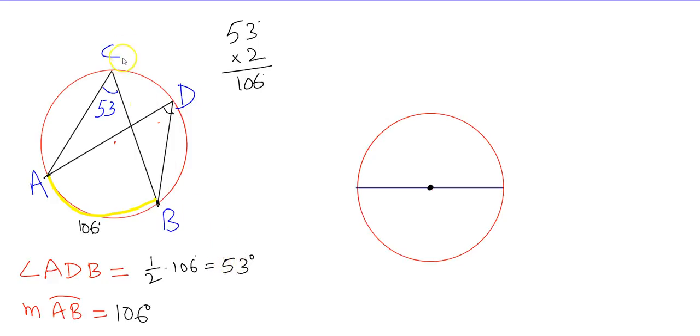In other words, whatever angle you have here, there also you get the same angle, 53 degrees, because this intercepted arc is the same for both angles. The measure of angle ACB and the measure of angle ADB are both the same, because the measure of arc AB is 106 degrees.